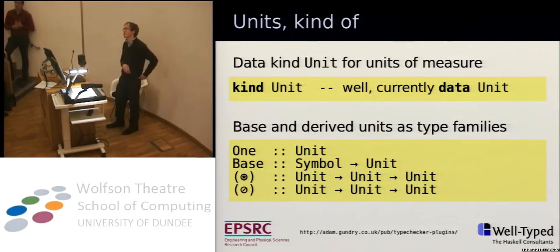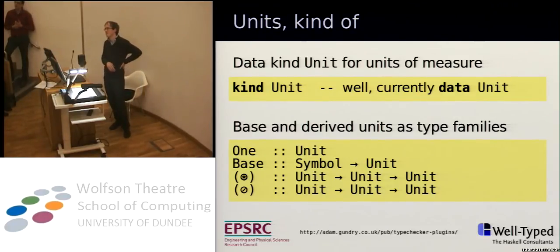Yeah. Because you want, of course, for example, something like meters times kilogram to be compatible with kilograms times meter, so you've got this kind of normalization of your units of measure that you've described briefly. I'm wondering if this normalization can be proved to be correct, so that it effectively preserves the equality modulo the axioms of your theory, like the fact that meters times kilogram is the same as kilograms times meter. You've implemented this normalization, but are you able to produce a machine-checked version of this proof?